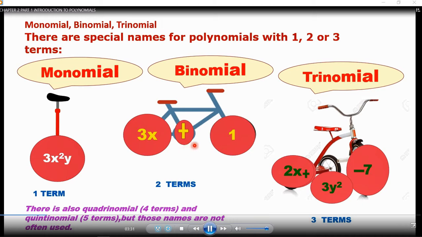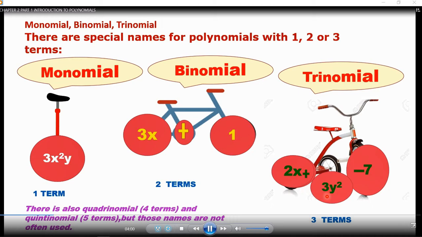Now can we have a sign of subtraction over here? Yes, both are allowed, addition as well as subtraction. But these have two terms because you can see two terms on either side of the operation. Here there are three terms, and the operations in between are addition as well as subtraction.